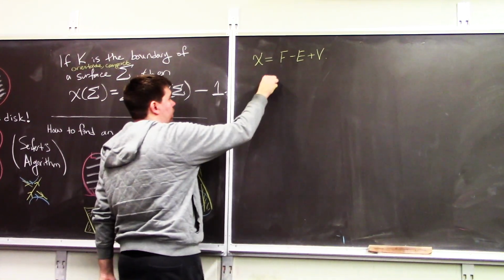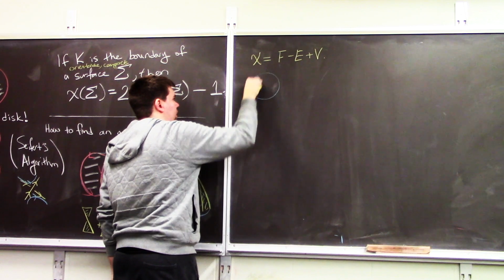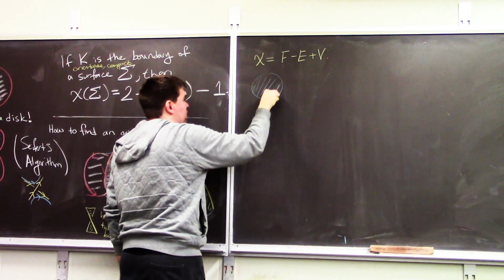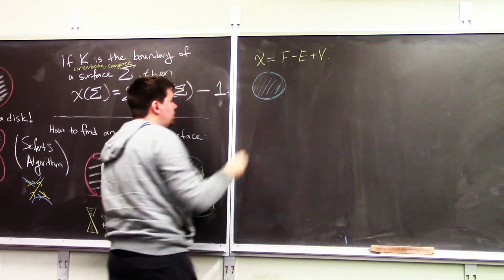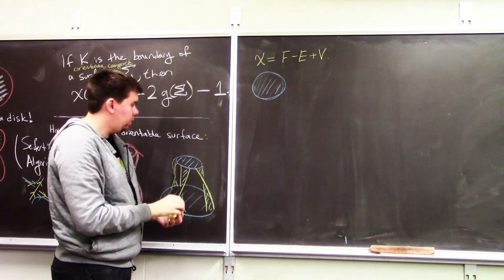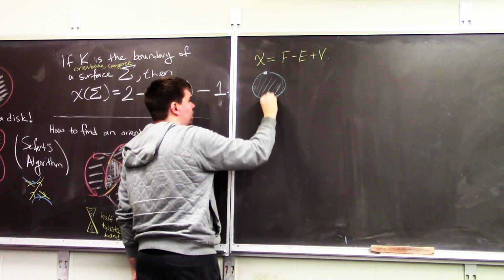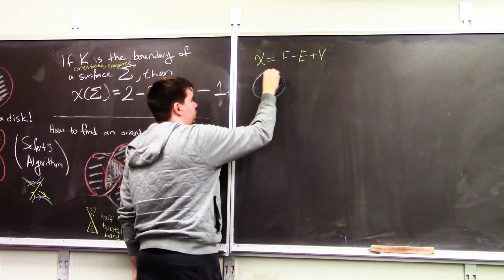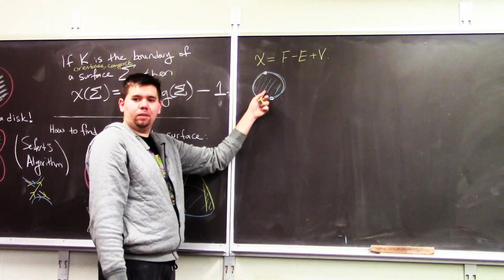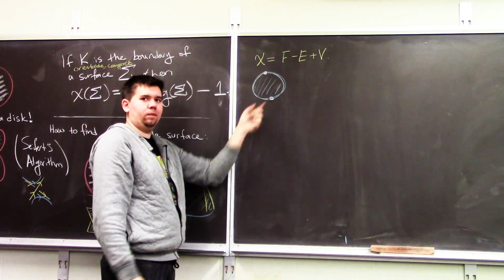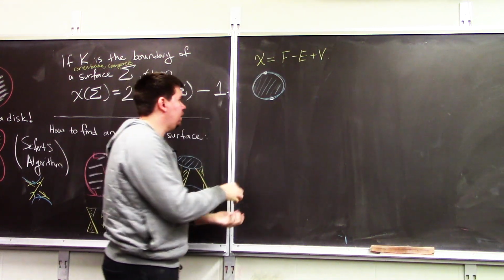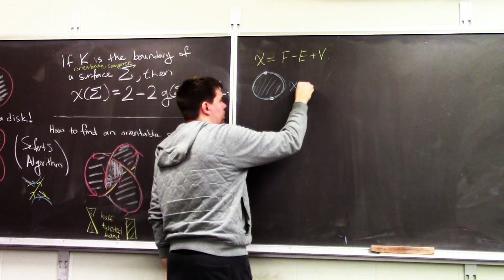And so what is the Euler characteristic for the disk part? Well, for any disk, we could stick some edges and vertices on that, however many you want. Let's do 2. You could say it has 2 edges and 2 vertices, but then you just have one face. So the Euler characteristic of the disk comes out to be just 1.